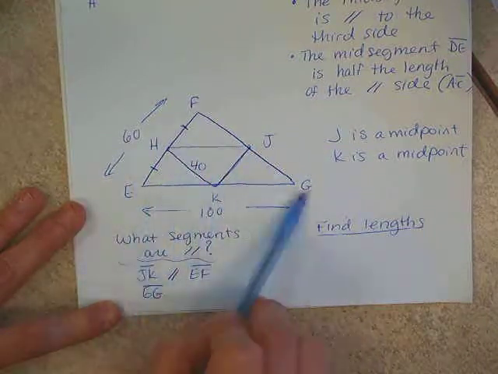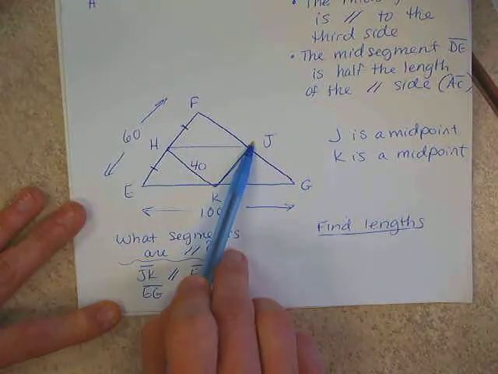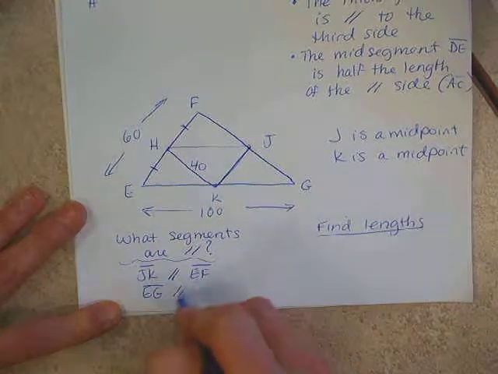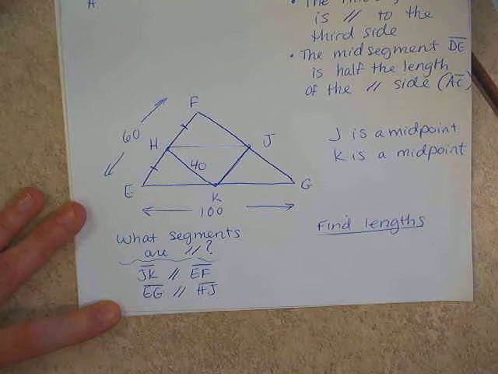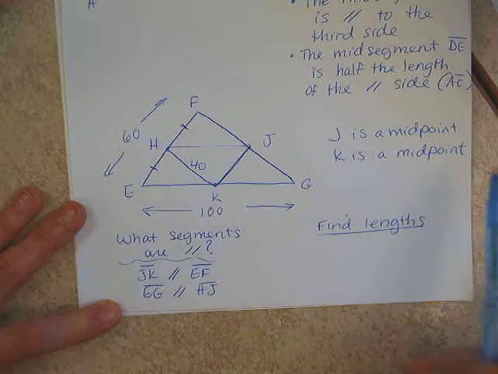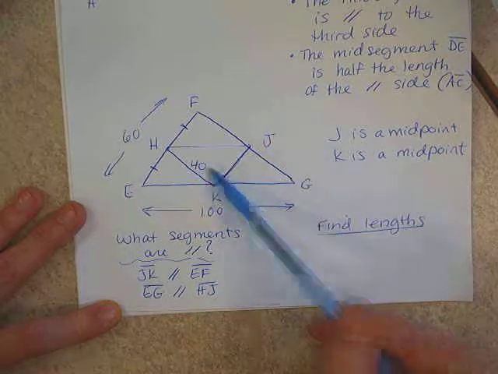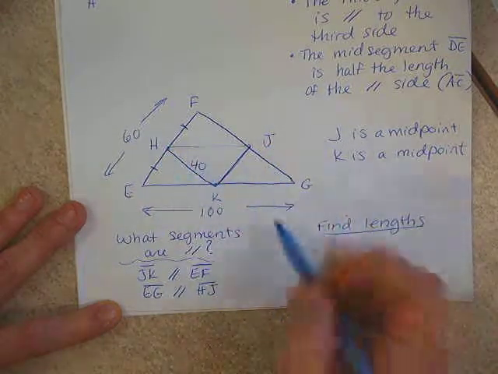Maybe they'll give you the long side. So EG here would be parallel to what segment? HJ. Okay, we're looking for the midpoints of the other two sides then. So EG is parallel to HJ.